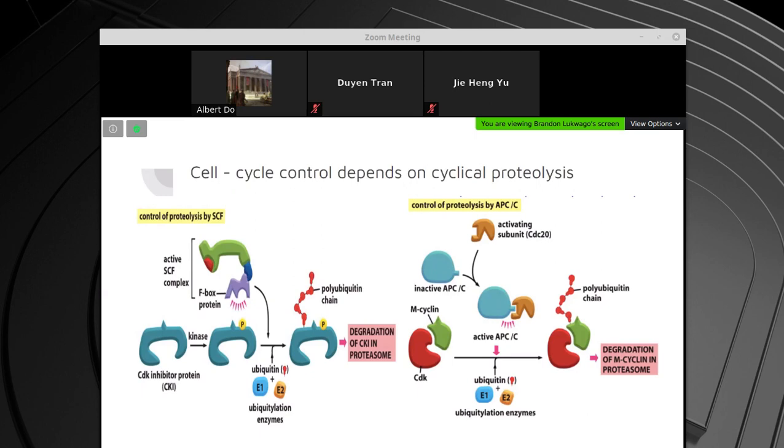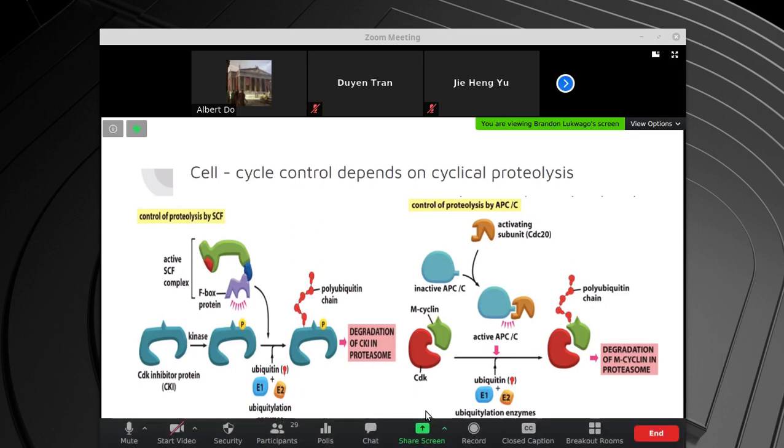They're both similar, but the one by SCF is dependent on the F box protein. The second one depends on the substrate binding subunits, which are called the F box, and phosphorylation of a target protein, such as the CKI, allows the target to be recognized by the F box.